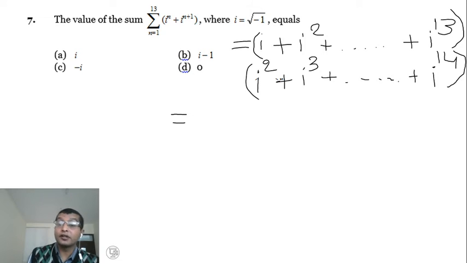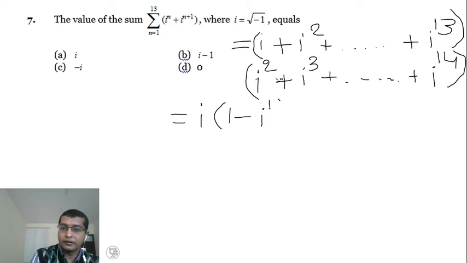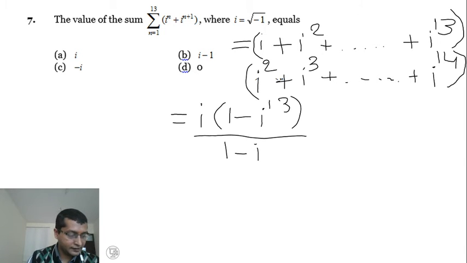Now the sum of terms formula we have to use, that is a is i in the first expansion, a is i, it is 1 minus r, r is i raised to n, n is 13, whole divided by 1 minus i, plus as it is.